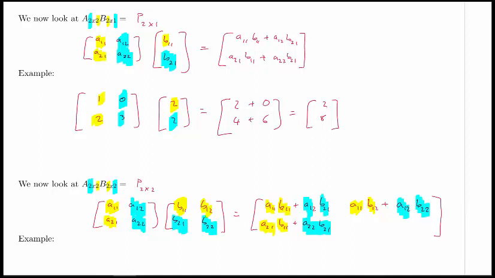And then the last element, A21, now we're going to go over here. So it's going to be B12 plus A22 times B22.